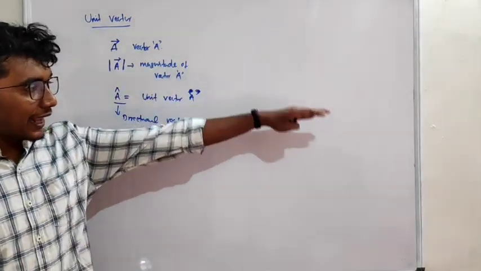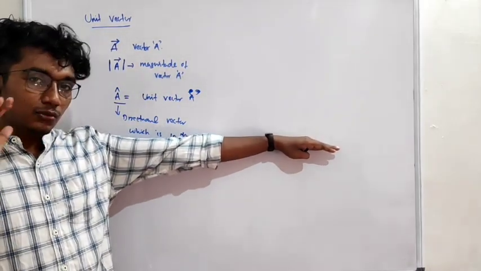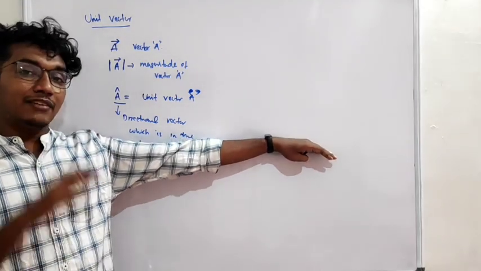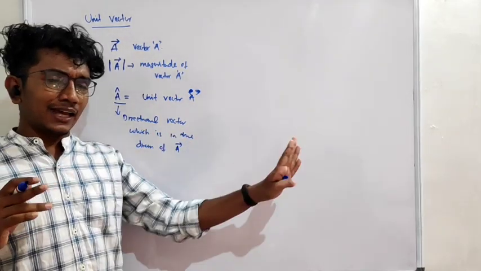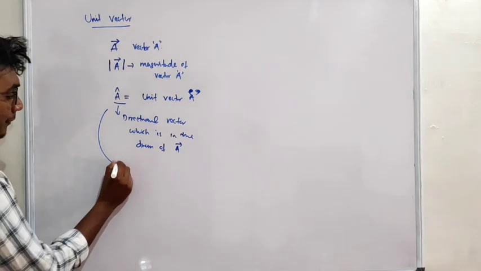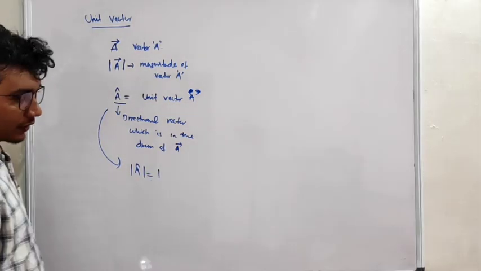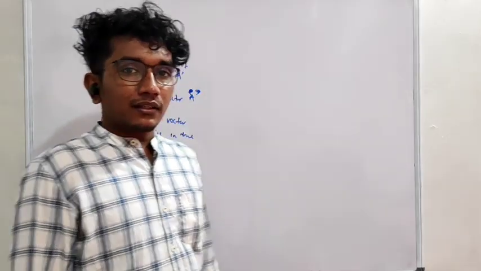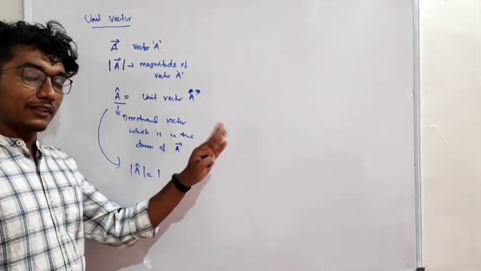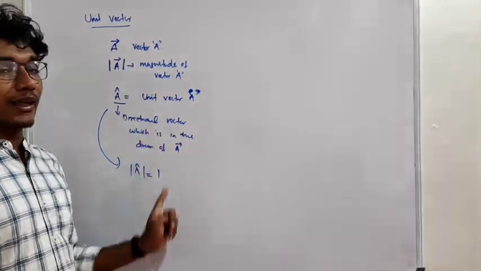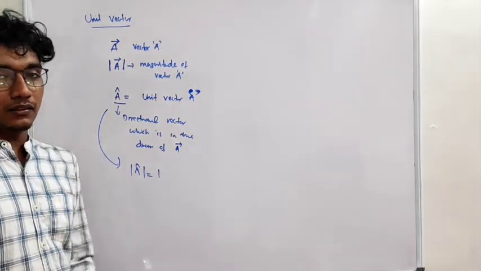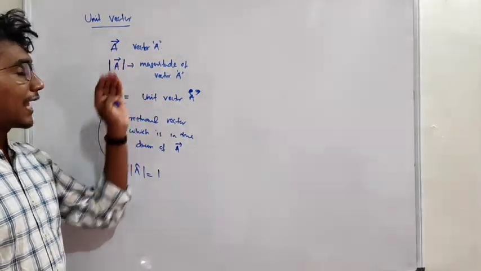For example, vector A is just like this. And what is unit vector A? It gives exactly the same direction, but the magnitude of the unit vector is equal to 1. I think now you got it. It gives only the direction. The magnitude of this vector, unit vector A, is equal to 1, and it has the same direction as A.